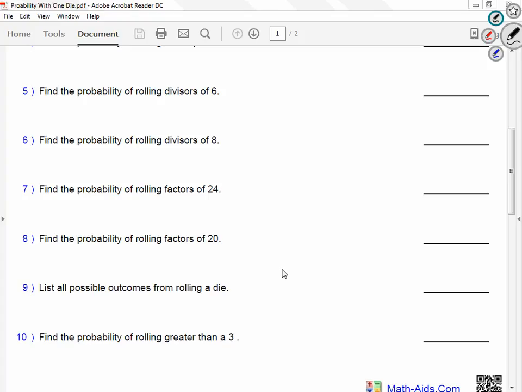If we roll a die, I can get a 1, I can get a 2, I can get a 3, I can get a 4, I can get a 5, and I can get a 6. Right? If I roll a die, those are what come out. What can you get? That lists all the possible outcomes.